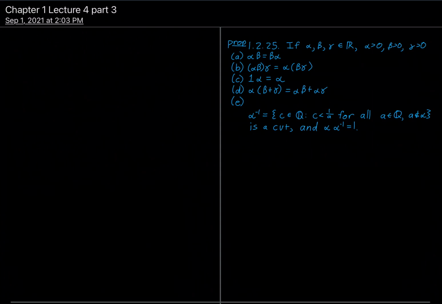In the last video, we saw how to define negation, multiplication by -1. So recall the proposition from the last video says that if alpha is in R, there is, we called it beta, but now we're going to call it negative alpha, in R, such that alpha plus negative alpha is equal to 0.